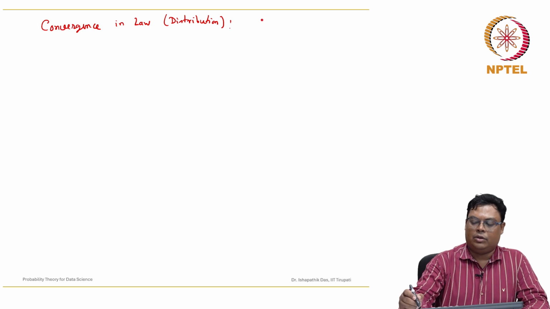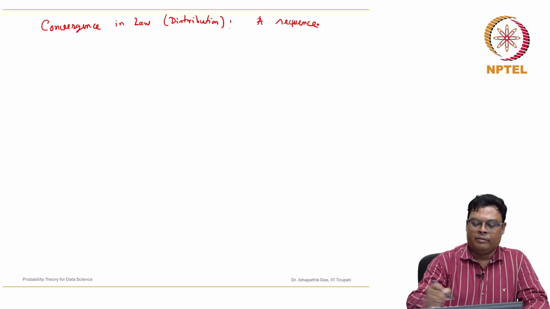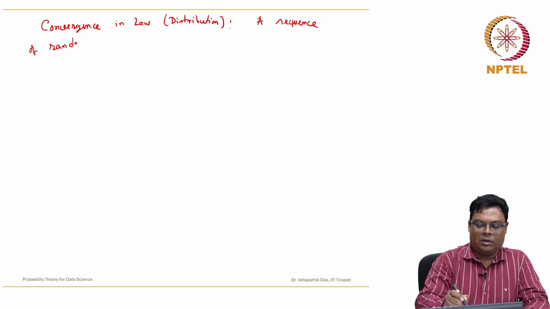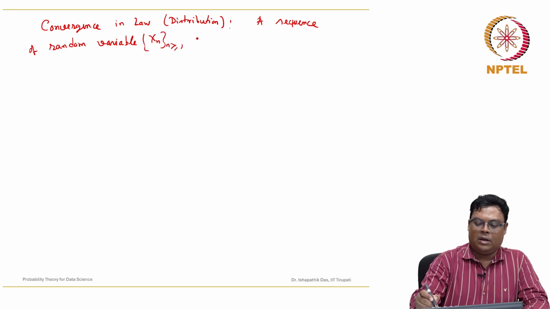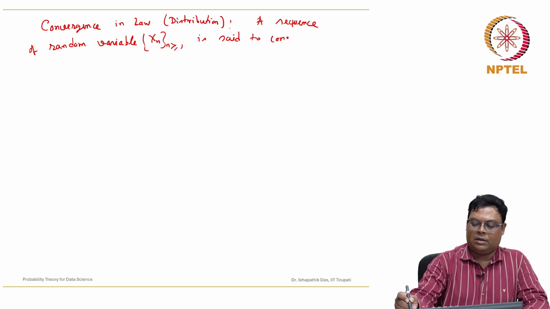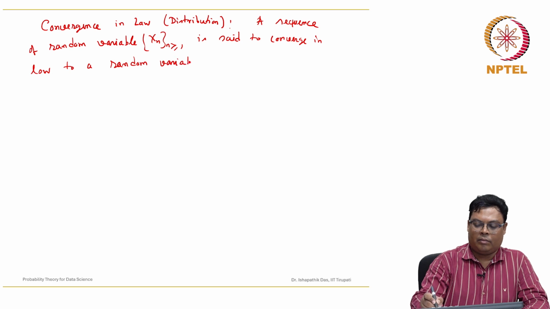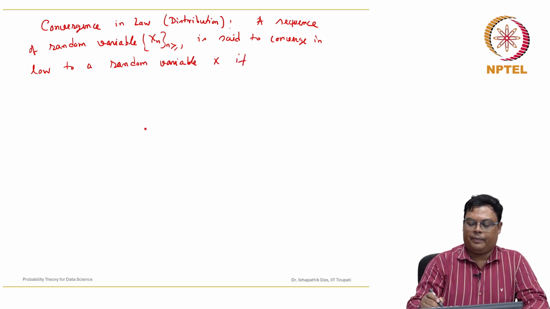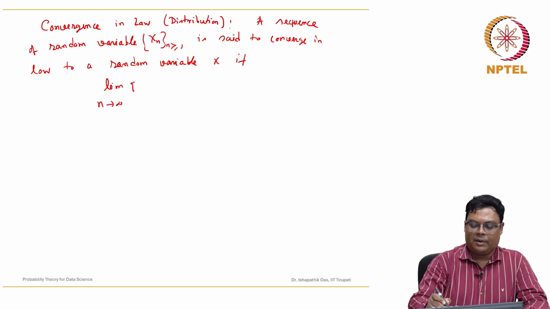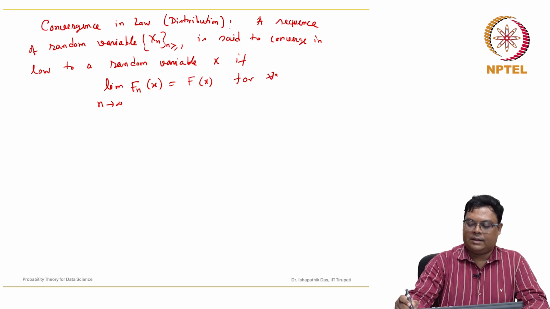A sequence of random variables xn is said to converge in law to a random variable x if the limit as n goes to infinity of Fn(x) is equal to F(x), for all x belonging to the real numbers where F is continuous.